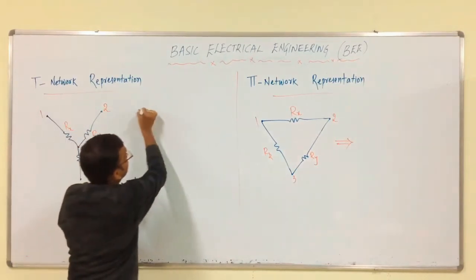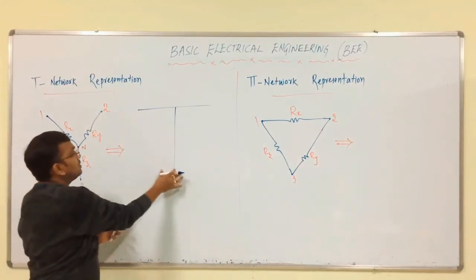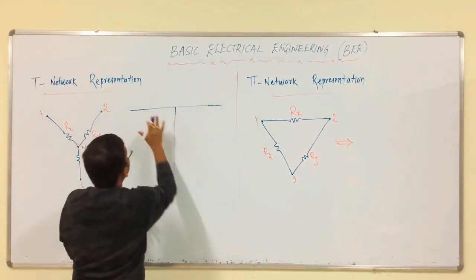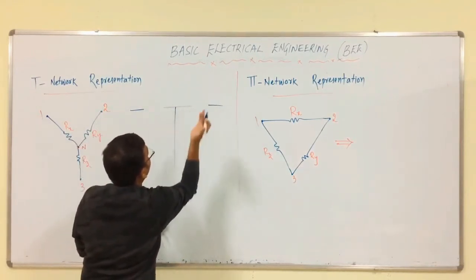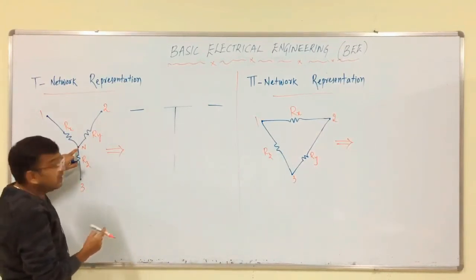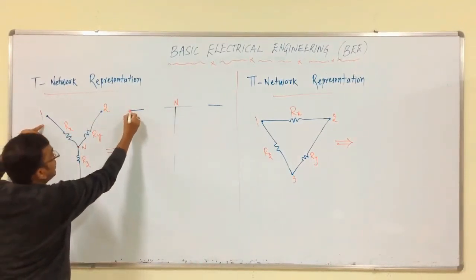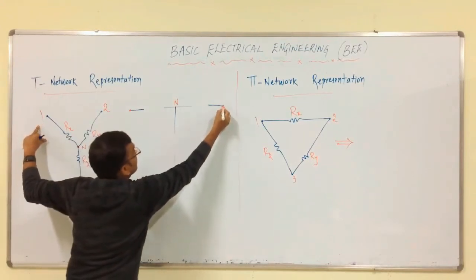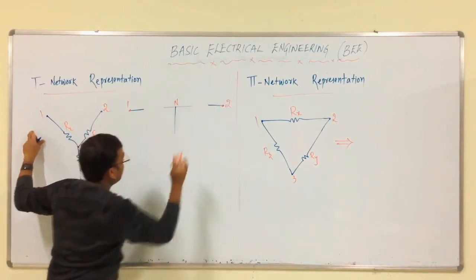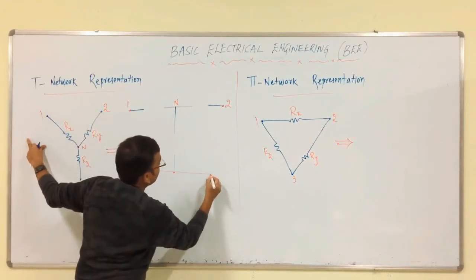T means we have to convert this network to this form. Between these two, we have to provide resistances. This point is the neutral point. This is terminal 1, this is 2, and this is 3.